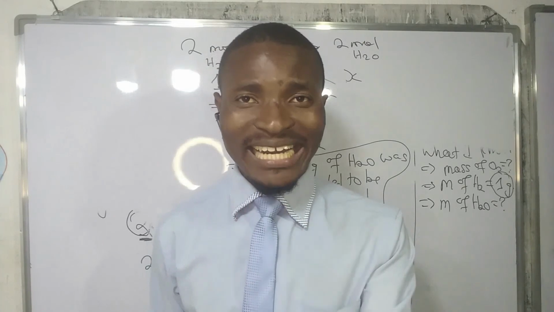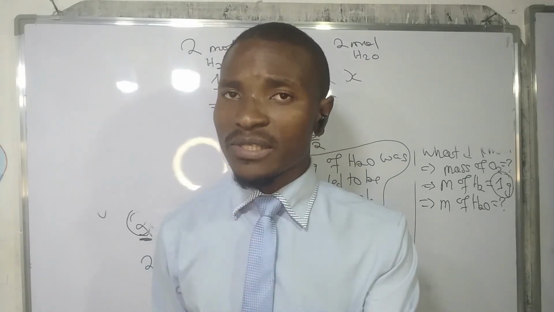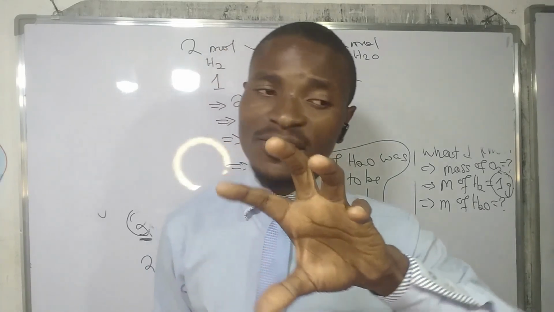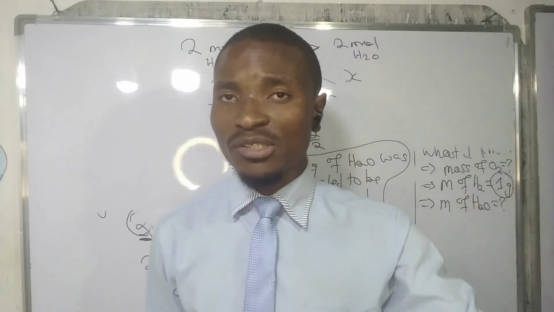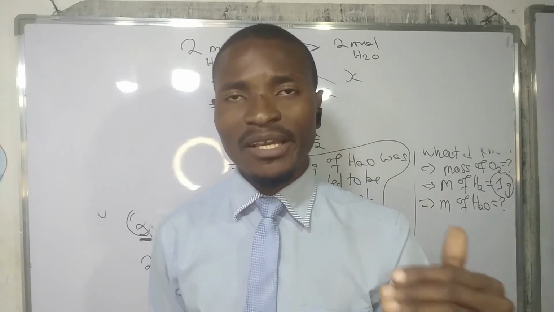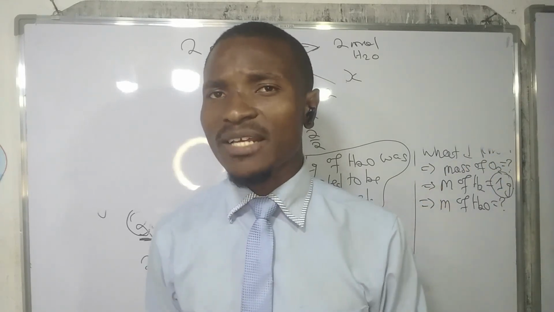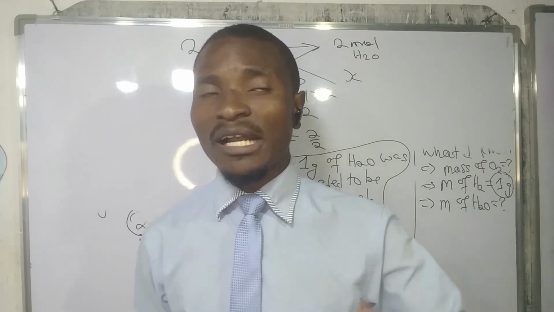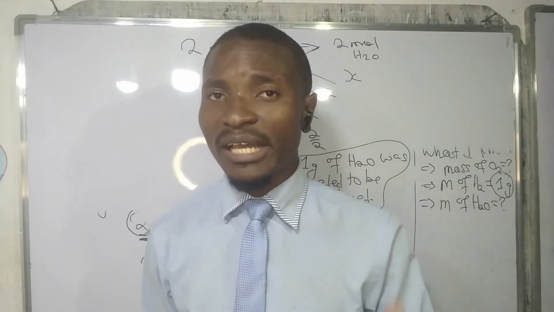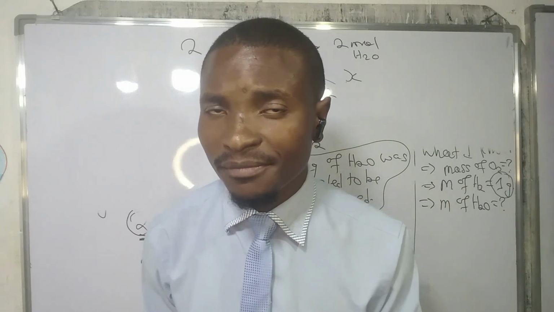I encourage you, under the mole concept, if the question is focusing on the equation, for every single answer that you're going to get, make sure you balance the chemical reaction. Otherwise, you're going to be messing up a lot, and probably you're going to get everything wrong.